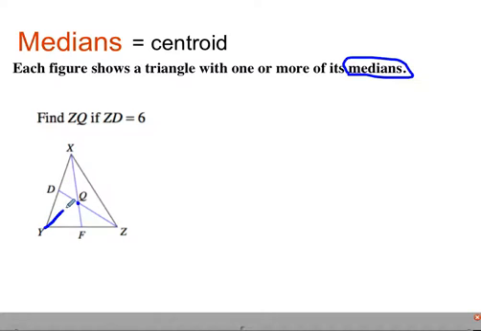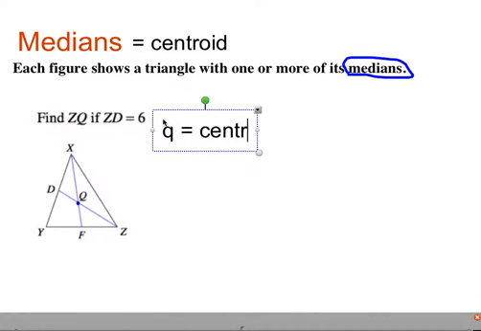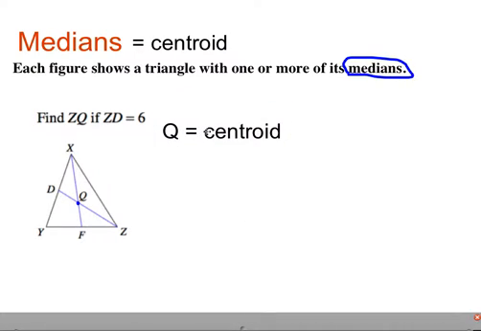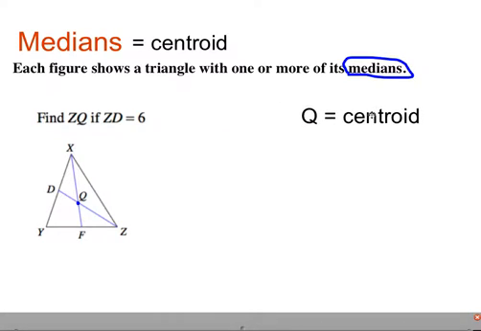If I draw a median for this one, it definitely would pass through point Q. So in this problem, Q is the centroid. You might use it, you might not use it, it depends on what you're looking for. So the centroid is the intersection between medians.